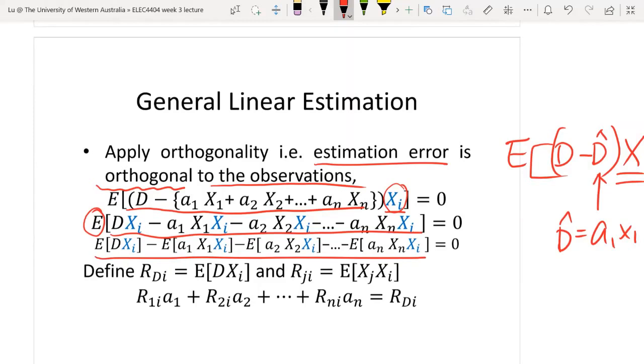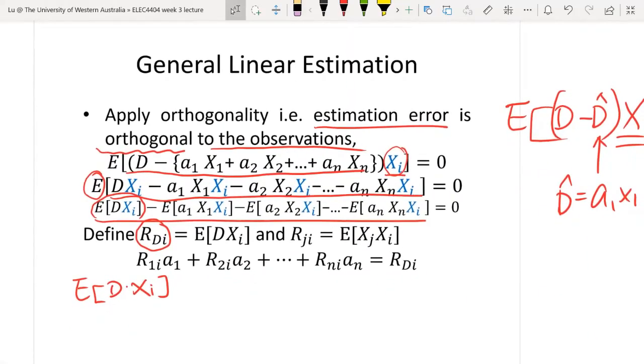And then we define this thing to be the R_Di. Okay, you must understand what it means. The expectation of D and Xi, where Xi is the i-th observation data, and D is the desired signal. In other words, this R_Di is actually the correlation between the desired signal and the observation data.